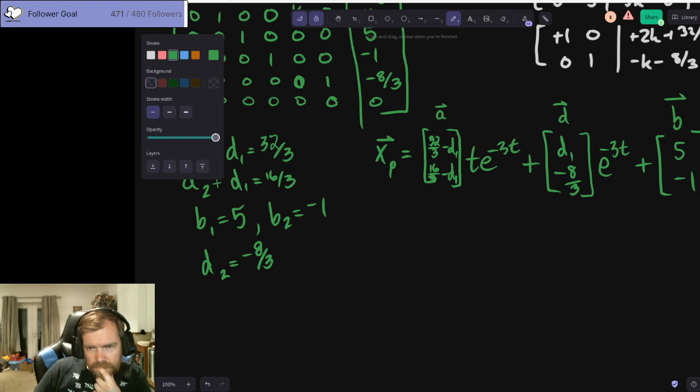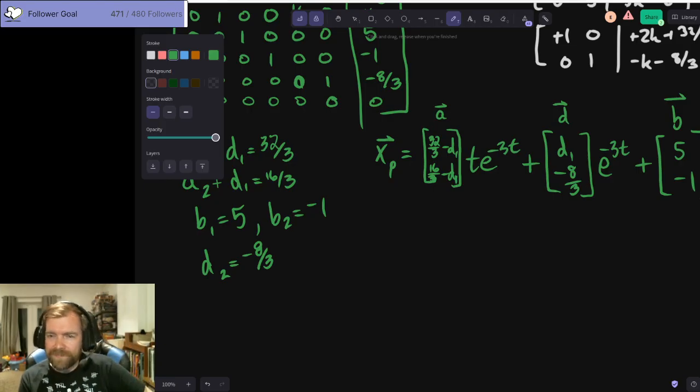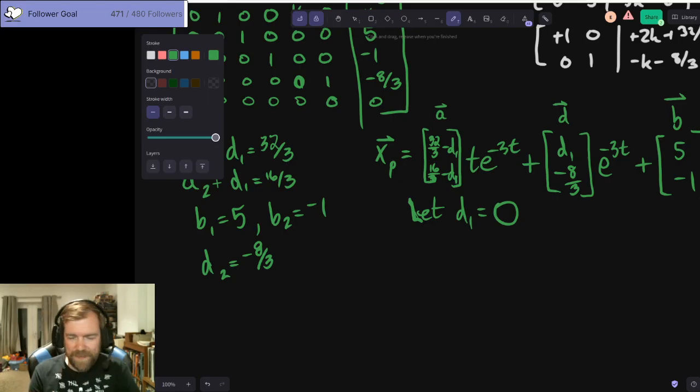I'd like to set d1 equal to 0. That's fair. I mean, when in doubt, choose the convenient choice, right? Yeah, I was like, oh, we could let it be t, but no, that's a terrible idea because it'd be t squared in this term, so that doesn't work.